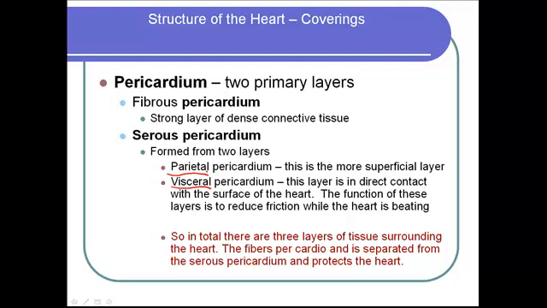And in between the two, it's like two layers of saran wrap, and you put a drop of oil in between them, so they move very smoothly and reduce friction. So in total you have 3 layers of tissue surrounding the heart. The fibers on the fibrous pericardium will attach to the diaphragm inferiorly. This is all for protection and reduction of friction.